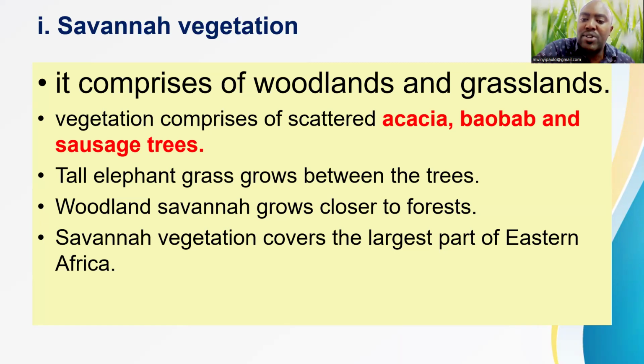Woodland savanna grows closer to the forests. Savanna vegetation covers the largest part of Eastern Africa. That's a key point to note.